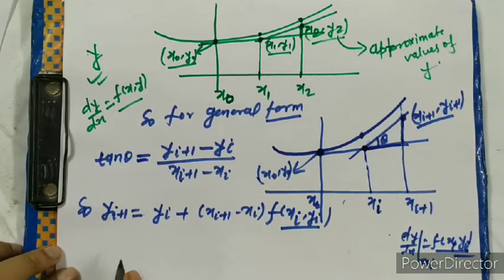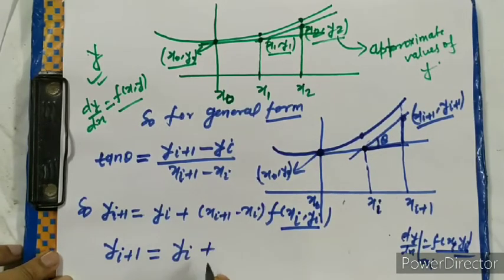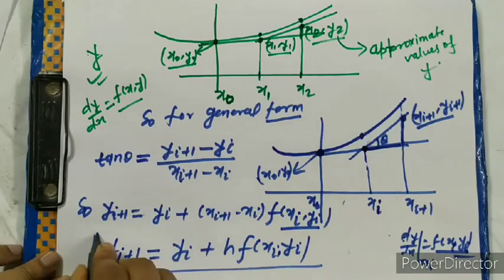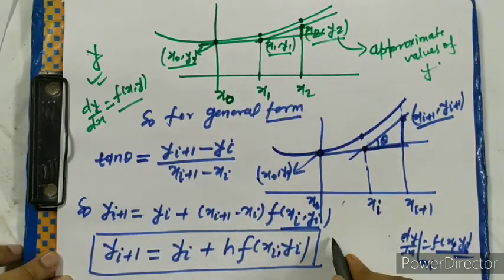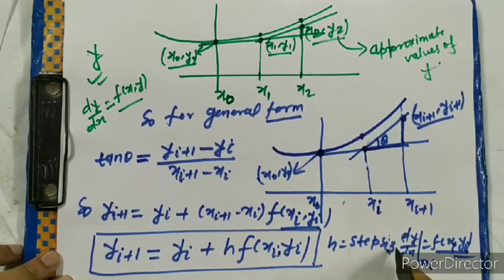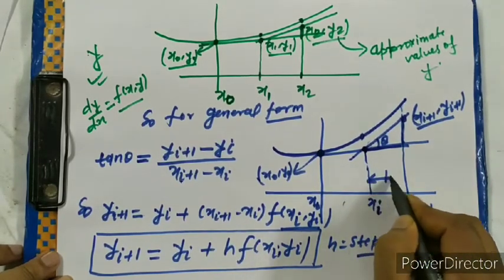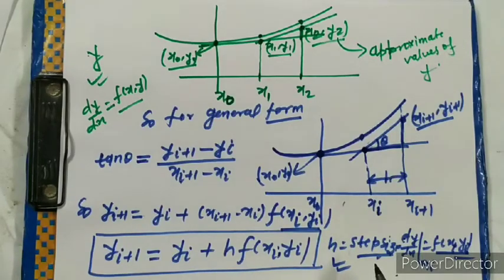So finally we get yi plus 1 is equal to yi plus h f(xi, yi). This is the general formula. And what is h? h is the step size, the length from here to here. So this is the formula.